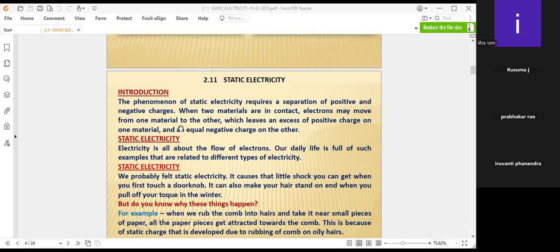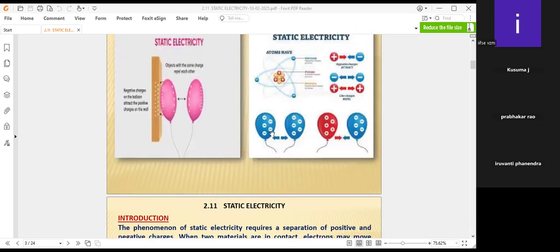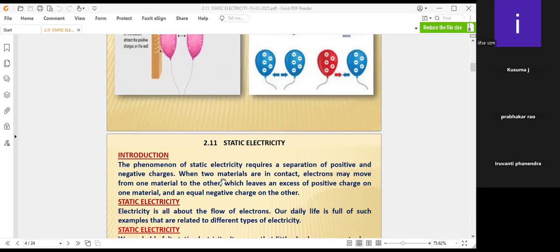When two materials are in contact, electrons may move from one material to the other, which leaves an excess positive charge on one material and an equal negative charge on the other. What I said here is that when two materials are in contact, electrons may move from one material to another.